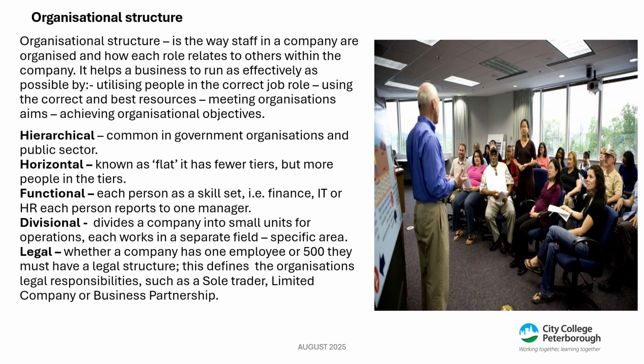Divisional divides a company into smaller units for operation, but each unit works in a separate field, specific area. And legal, whether a company has 1 employee or 500, they must have a legal structure. This defines the organisation's legal responsibilities, such as sole trader, limited company, or a business partnership.